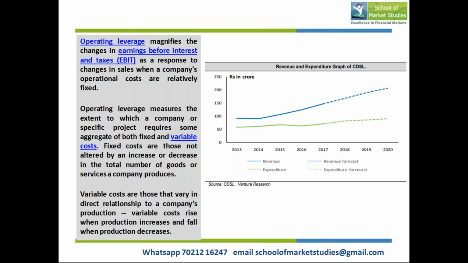Now, operating leverage has its ups as well as downs, in the sense that in a good period, operating leverage will give you great money, but in a bad period, it will hit you also that much. Because your expenses are fixed, and if you drop revenue sharply, then you will get impacted more aggressively.